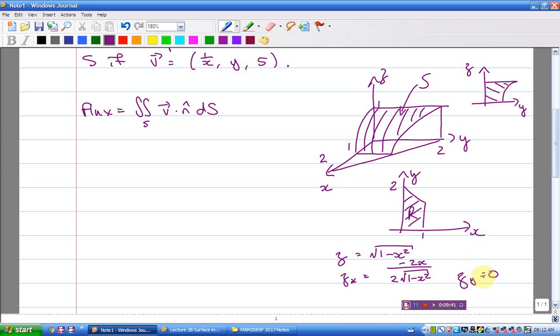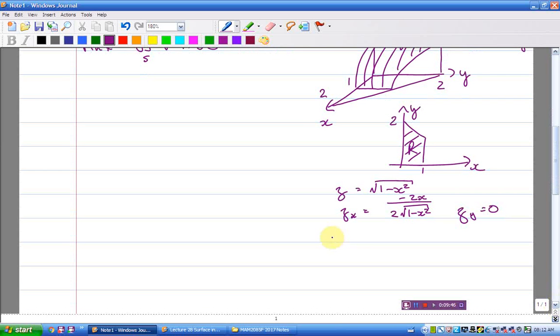Okay, cool. What else do I need? Oh, I still need my normal. So I'm going to take my surface equation and I'm going to make sure that all my variables are on the same side of the equal sign. And I'm going to work out grad of that thing that's on the left there. If I wanted to be completely fussy about this, I'd invent a new function and I'd give it a name.